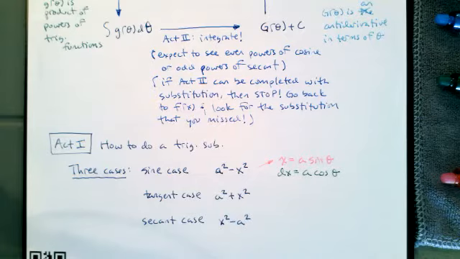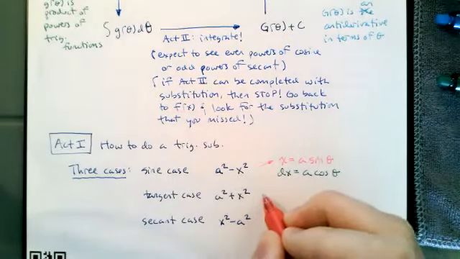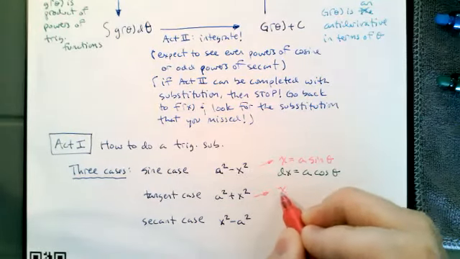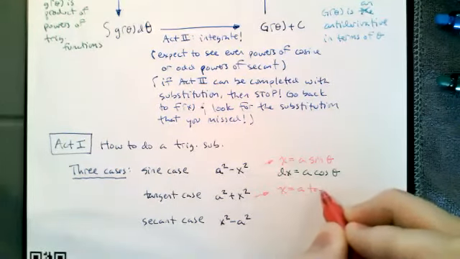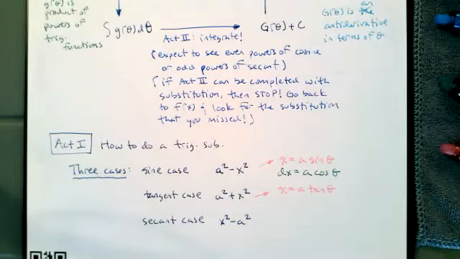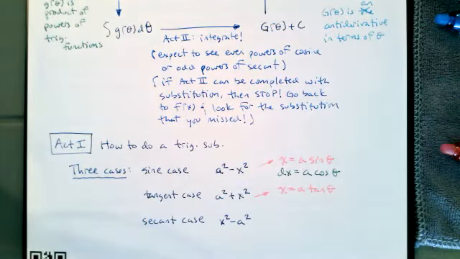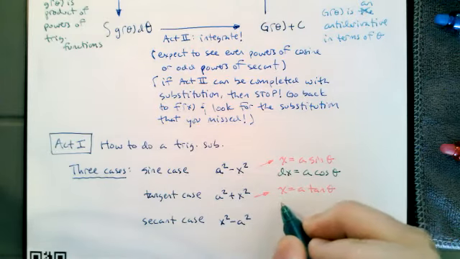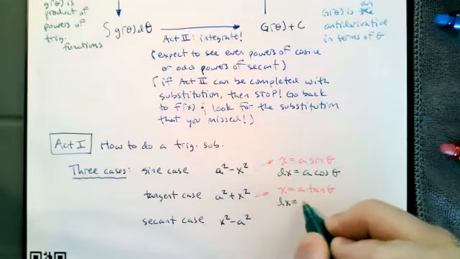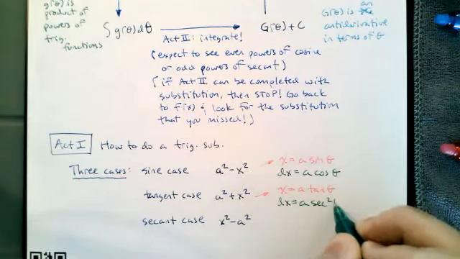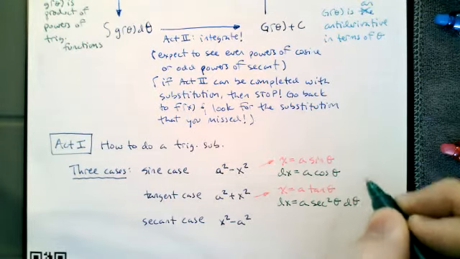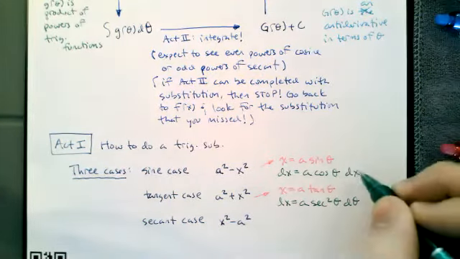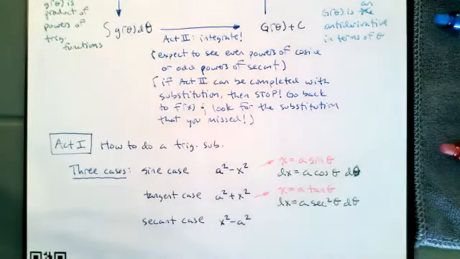In the tangent case, if we see something that says a squared plus x squared, we're going to make the substitution x equals a tangent theta. Since we're doing an integration by substitution, we can't just leave the dx, we have to turn that into a theta as well. So dx will be a times secant squared theta, d theta.